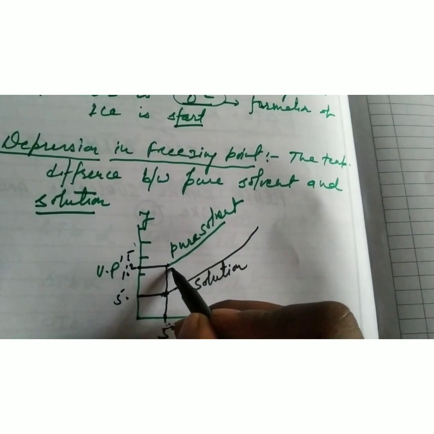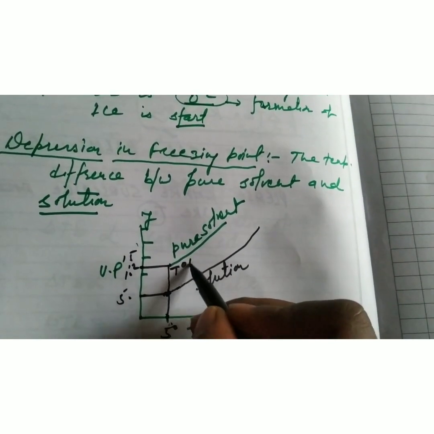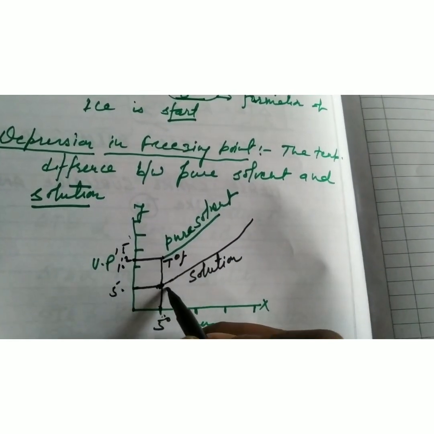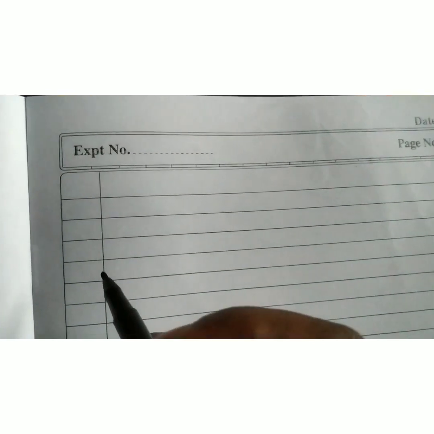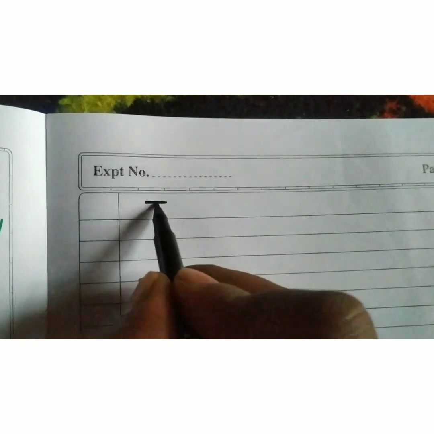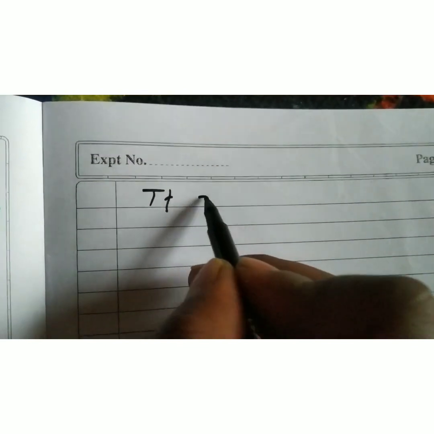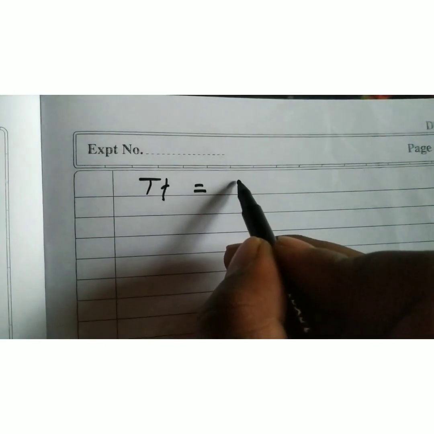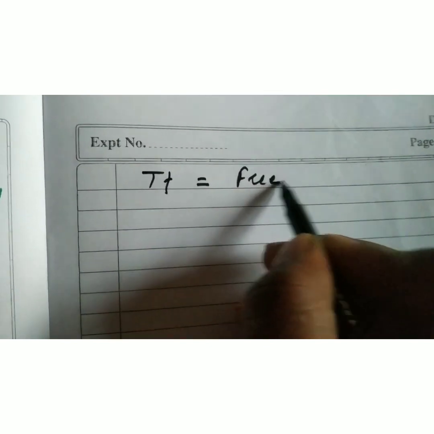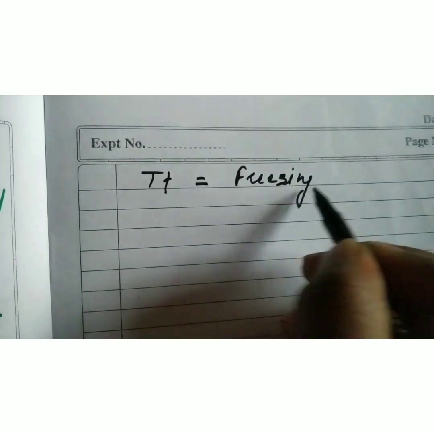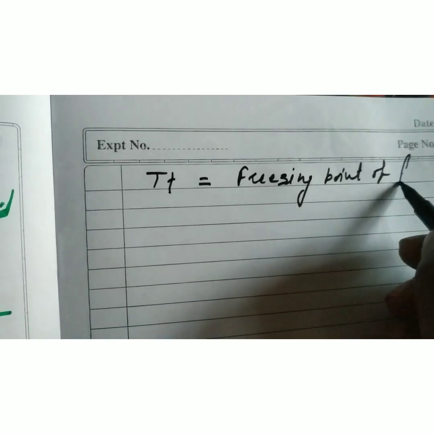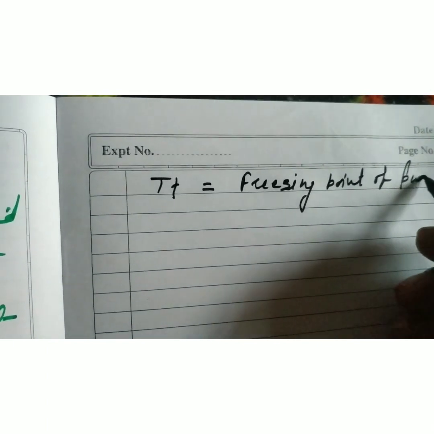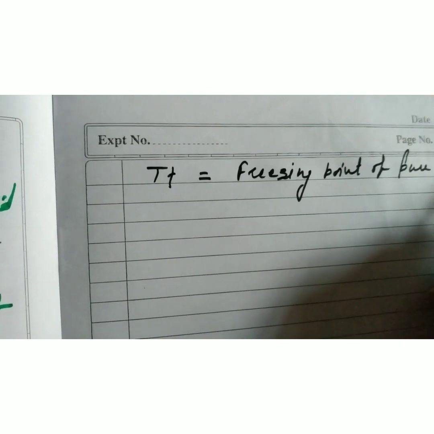Suppose this is the temperature T naught F, and this is TF. So TF equals the freezing point of solution, and T naught F is the freezing point of pure solvent.